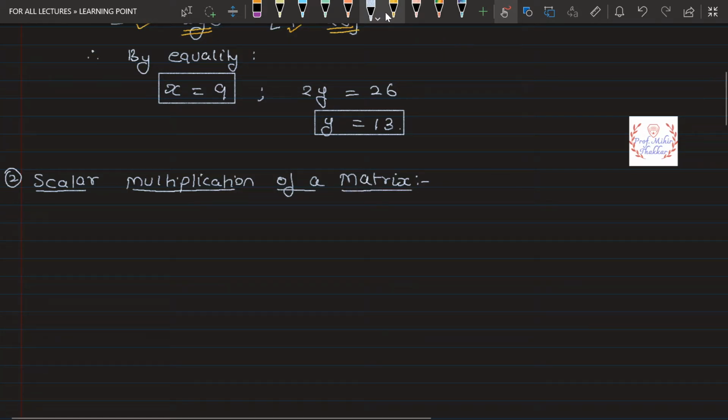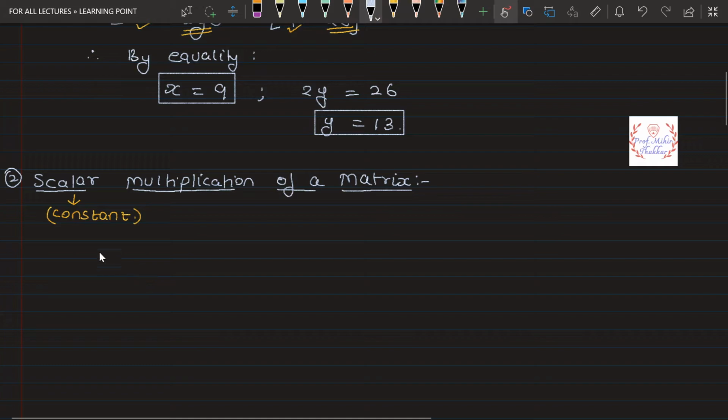Now what is the scalar multiplication? Scalar means constant. Okay, so when we say scalar multiplication, it means a constant number is multiplied to all the elements inside the matrix.